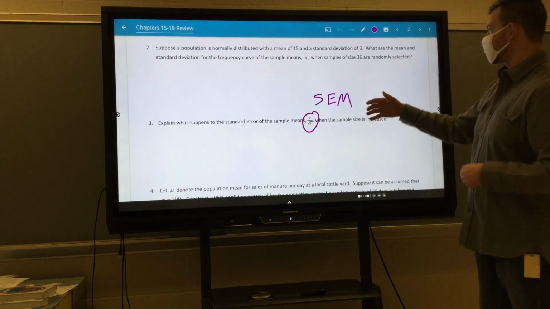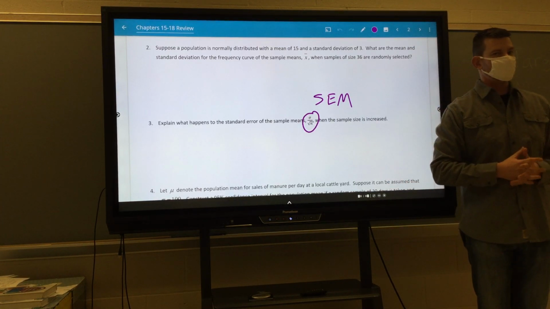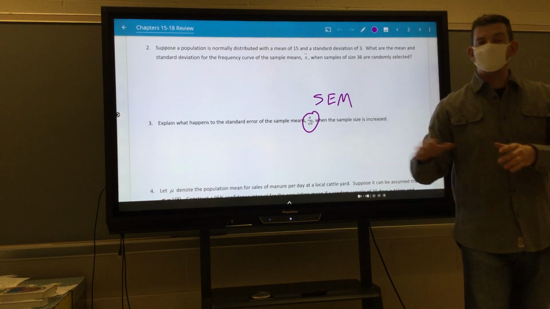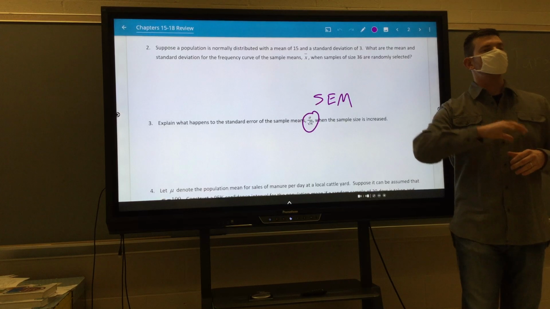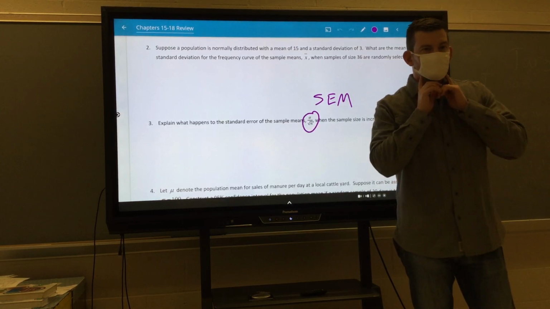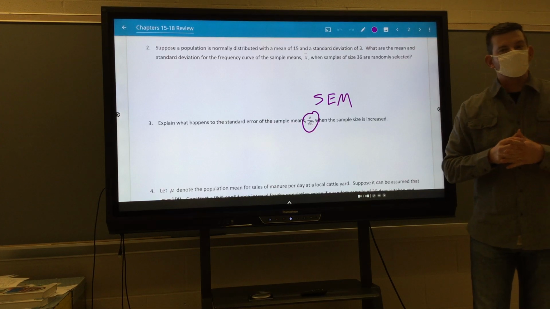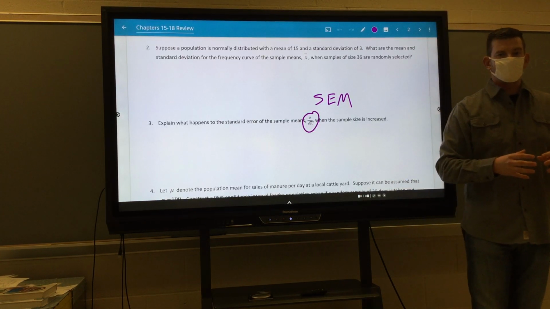A couple questions here about the population distribution versus the sampling distribution. Remember, what we had done at the beginning of the year with z-scores is comparing an individual to the rest of the population. But all of our tests and our confidence intervals are based off of the sampling distribution. You're taking a sample of size n.